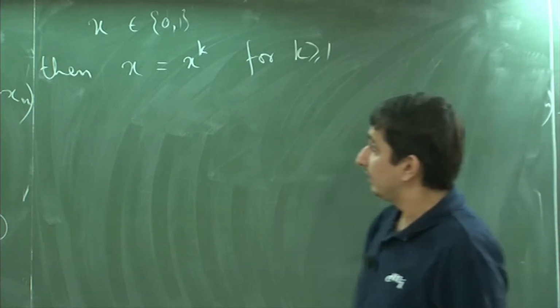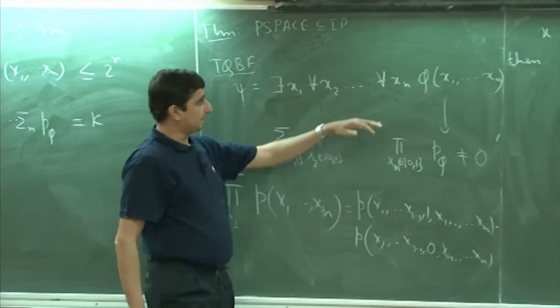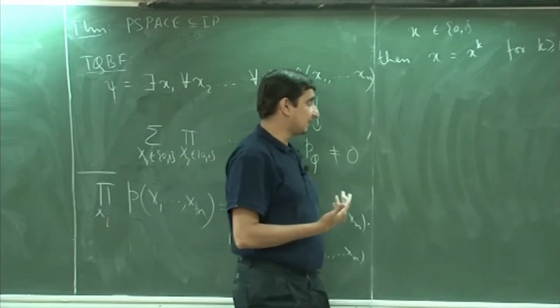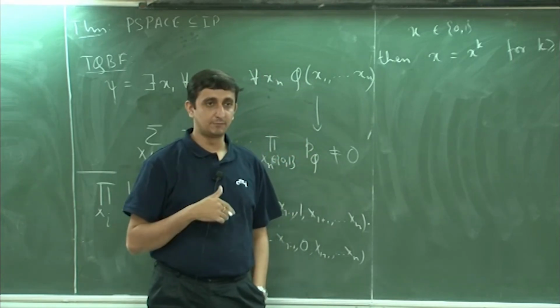Okay. So, with this observation, although the polynomial's degree keeps on growing at each stage, we can reduce it, and that will not have any effect on the value of the polynomial.